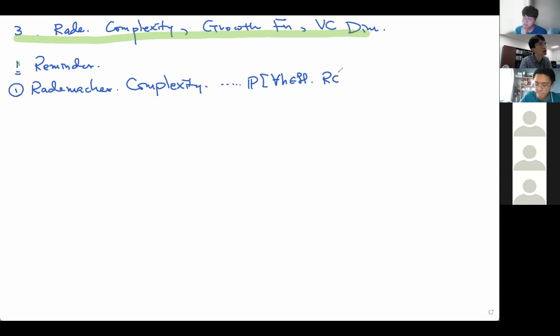The probability that for all hypotheses, the risk, or generalization error, is bounded by the empirical error plus the Rademacher complexity of the hypothesis class, with some slack which is coming from the generalization bound and the use of a concentration inequality.